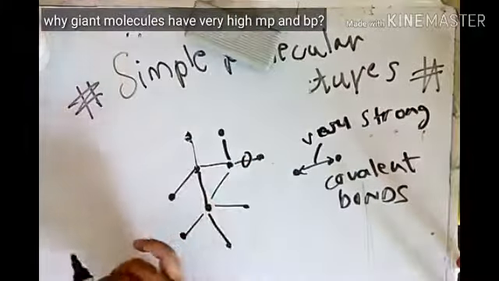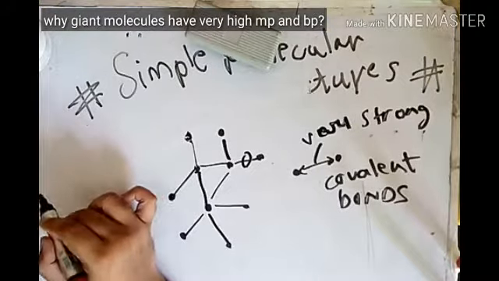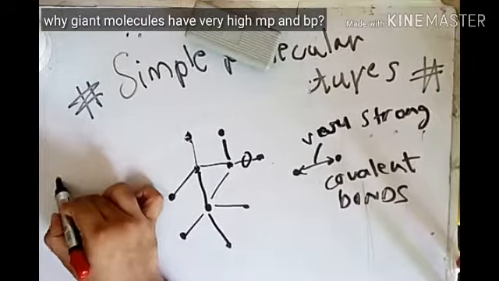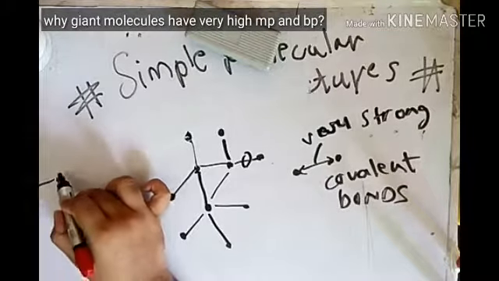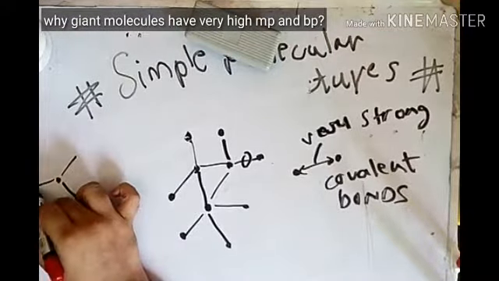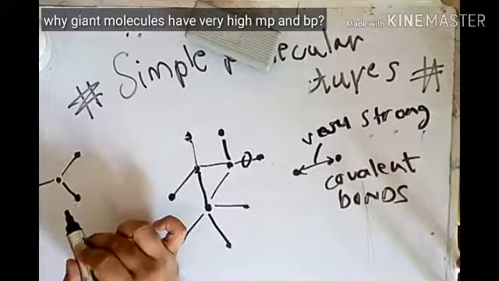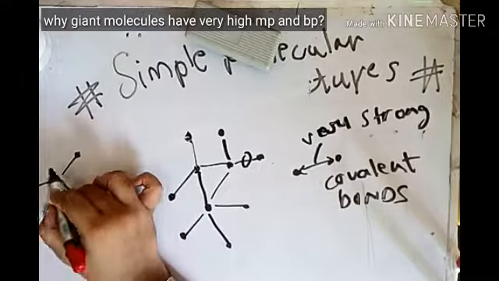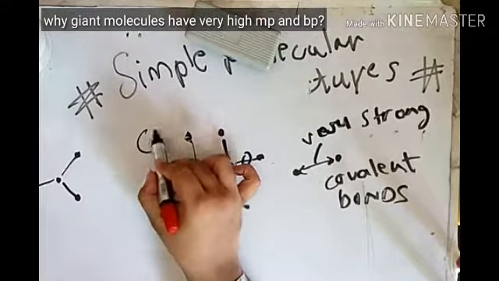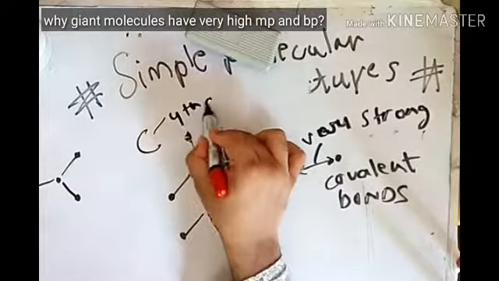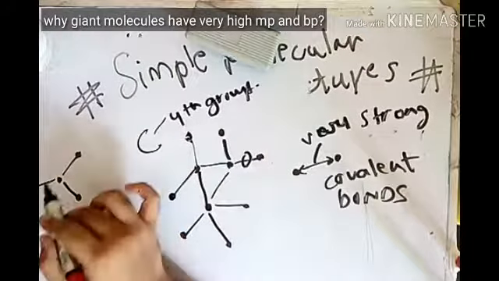Another example I want you to look at is another allotrope of carbon, which is graphite. Here each carbon atom is surrounded by 3 carbon atoms. Carbon is in the 4th group of the periodic table, so in the last shell there are 4 electrons.